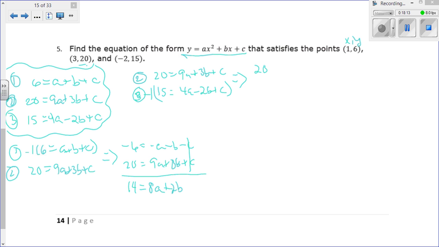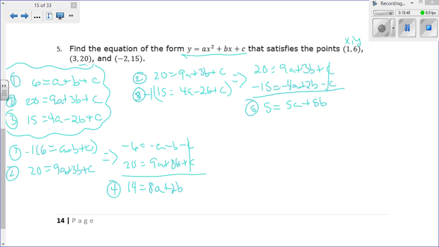So I have 20 equals 9a plus 3b plus c, and negative 15 equals negative 4a plus 2b minus c. So again, the c's cancel out, and I have 5 equals 5a plus 5b. I created equations 4 and 5. Now I need to combine them.